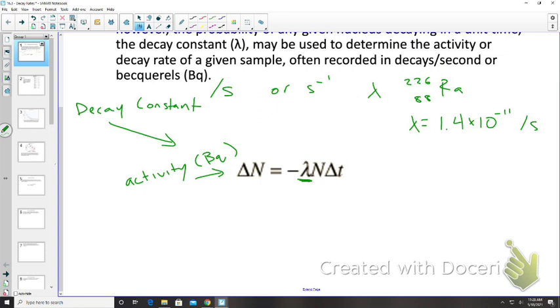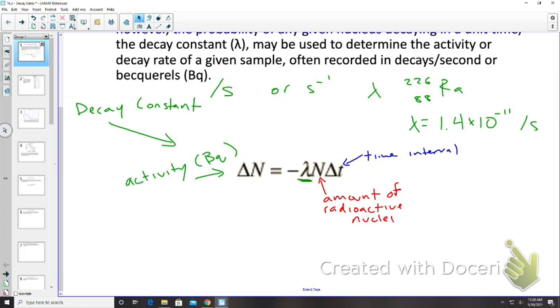N is going to be the amount of radioactive nuclei. Delta T is going to be my time interval. And lambda is our decay constant.